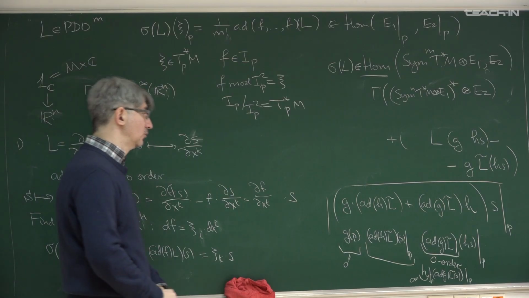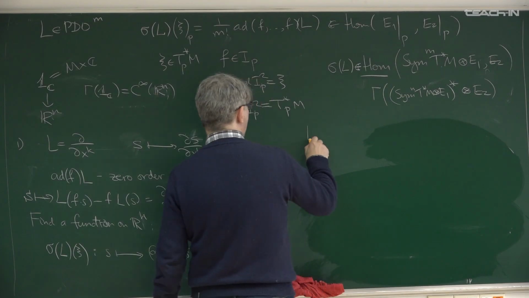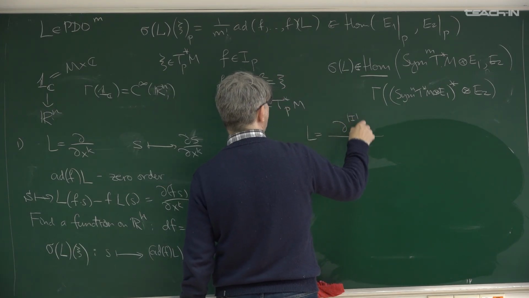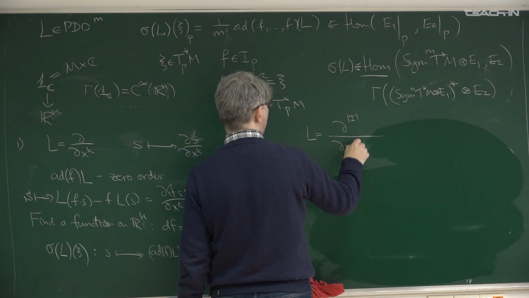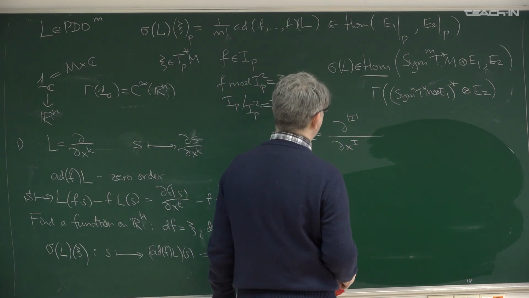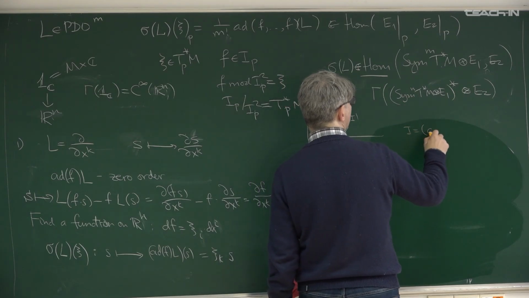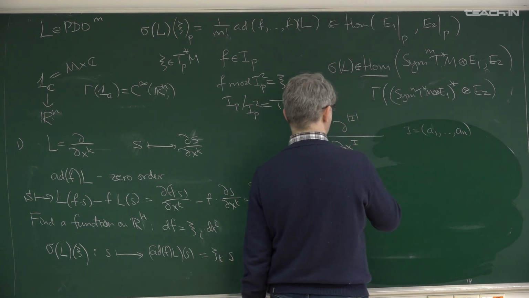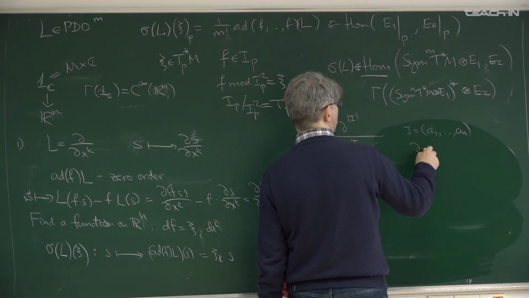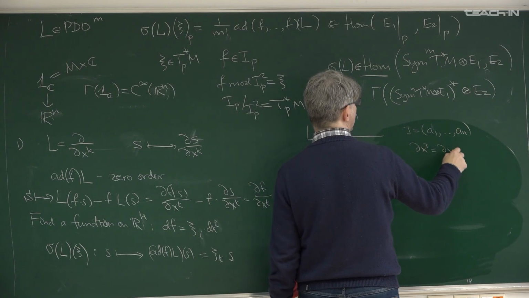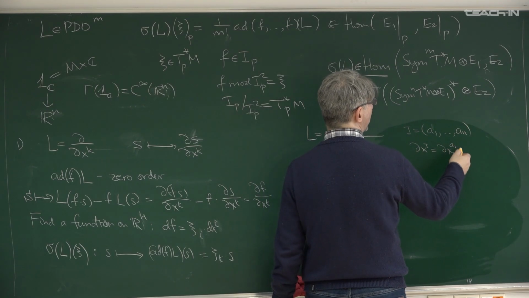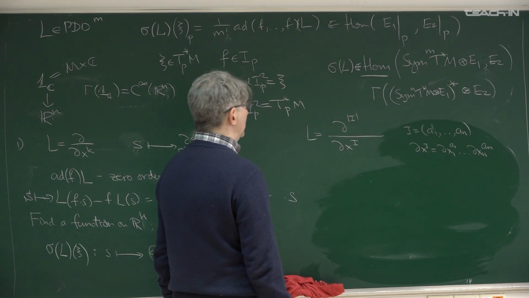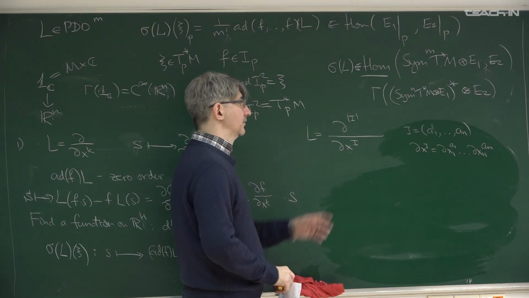As you can guess, if you write here some combination of partial derivatives, you will obtain some polynomial expression in psi's. To be more precise, let L be the following thing, d^I, and here we write dxI. What is written here? I is a multi-index, a1 through an. And then we write this expression, dxI. It means that we take dx1 to the power of a1 times dxn an times. What is the order of this operator?